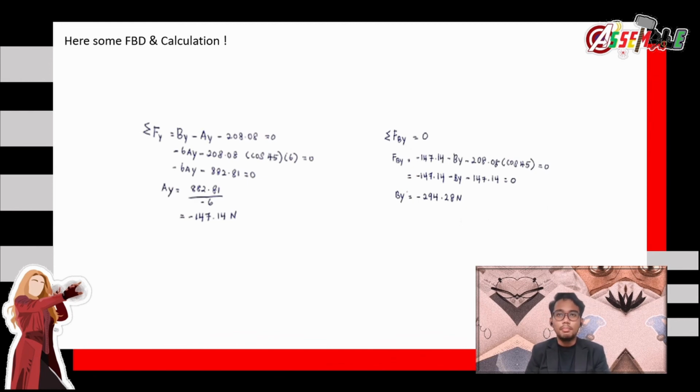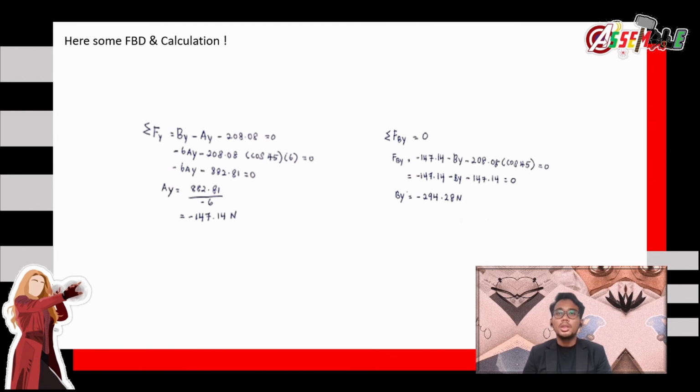We took point B, subtract with point A, and then subtract again with 208.8 equal to 0, and then the value, so 6 Ay, subtract with 208.8, and then multiply with cos 45, and then multiply with 6. We solve it, so 882.81 divided by negative 6, we got the answer negative 147.14 Newton.